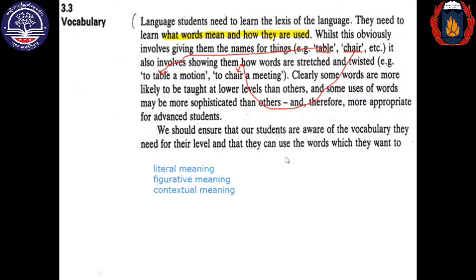Here we look at the word table in the dictionary, LDOCE 6. If we search table, what are the results?